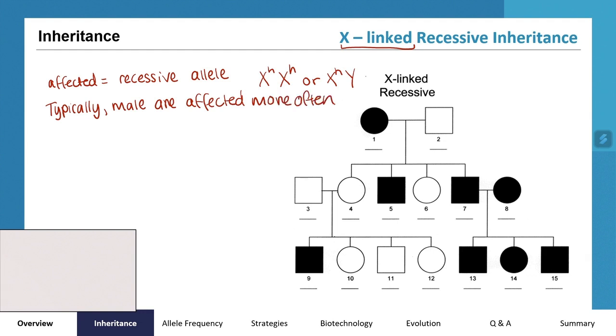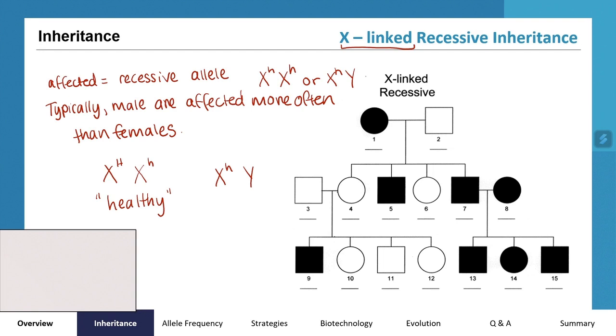The reason that happens is females have the ability to code against the recessive allele twice. They have two copies of the X chromosome, and they only need one copy of the dominant allele to be healthy or born without the condition. Whereas males only have one chance to code against the diseased allele, and if they do get it, they have to be born with the condition because the Y chromosome has no effect at all.